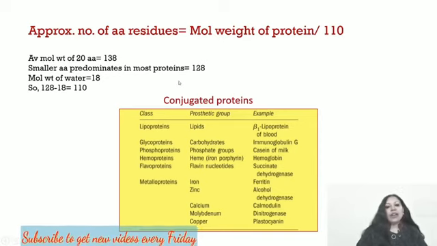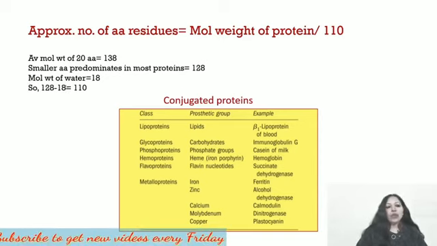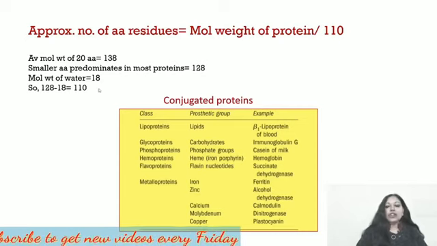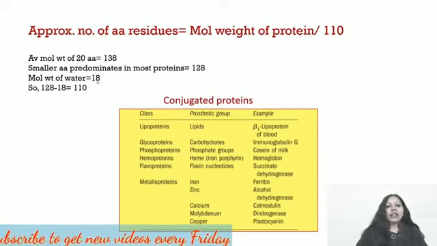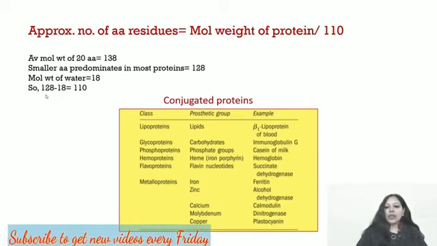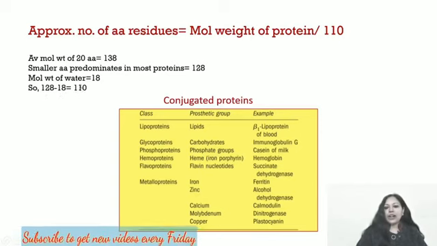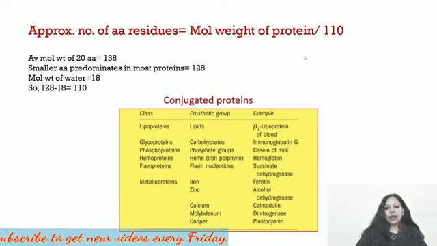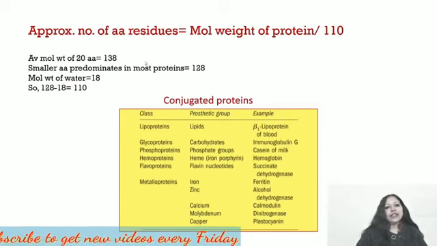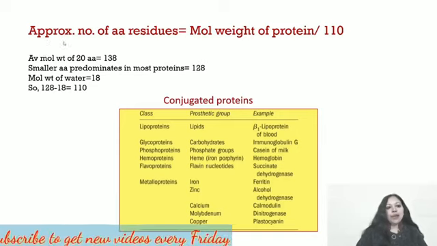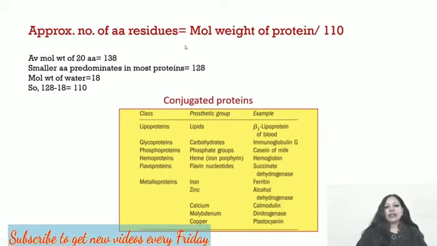Since formation of a dipeptide results from elimination of a molecule of water having a molecular weight of 18, a reduction of 18 from 128 gives 110, and division of the molecular weight of a protein by 110 gives an idea of the approximate number of amino acid residues a protein contains.